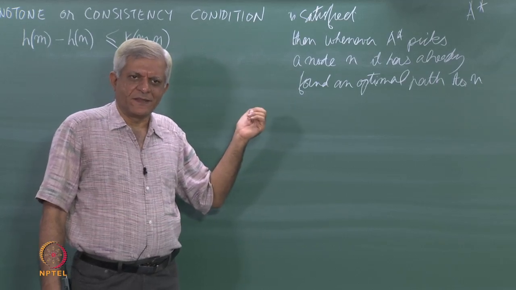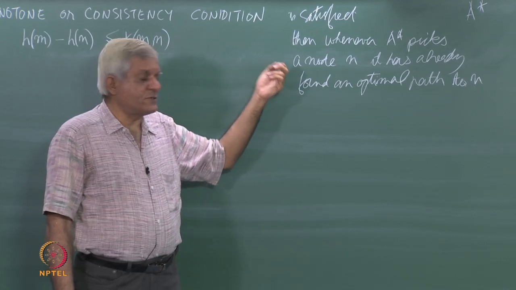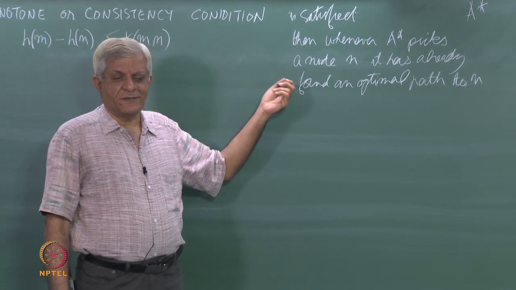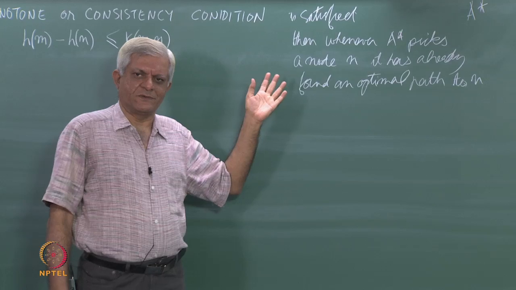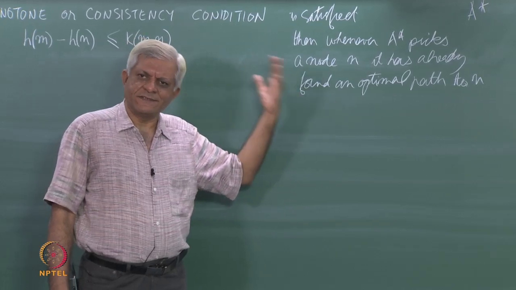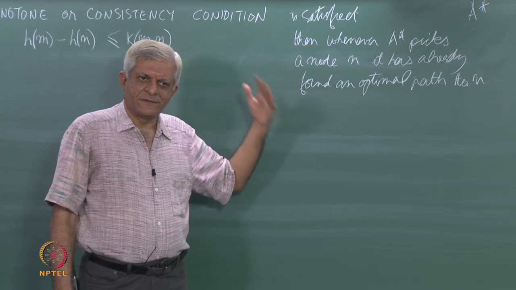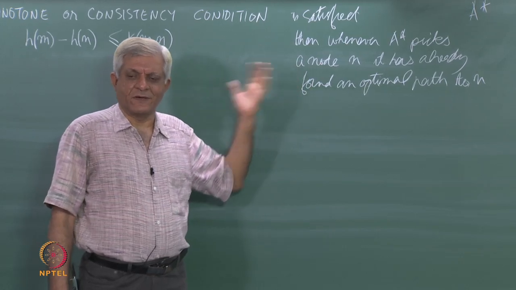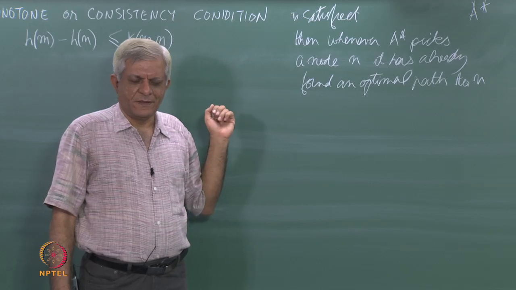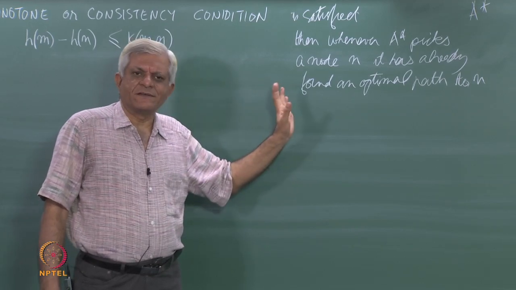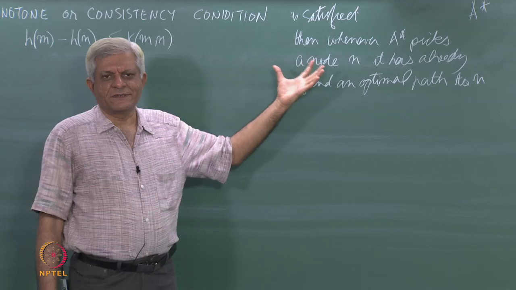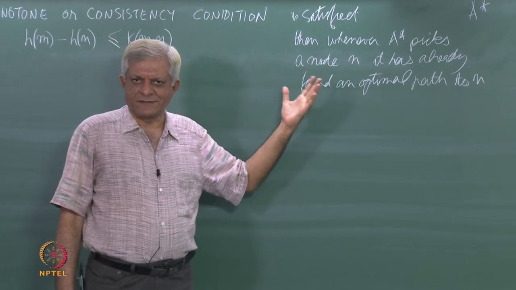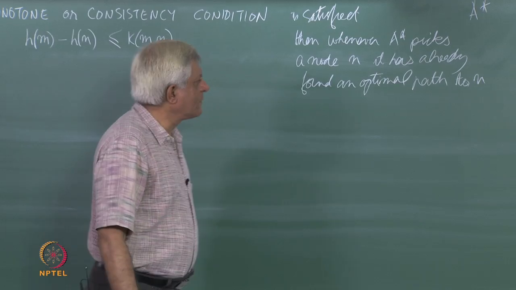You can be sure that if a node is in closed, you already have the optimal path to that node, which of course will save a lot in terms of the propagation that you have to do. And in the next class, we will see that this allows us to design some algorithms which can save on space essentially, but that we will do in the next class.